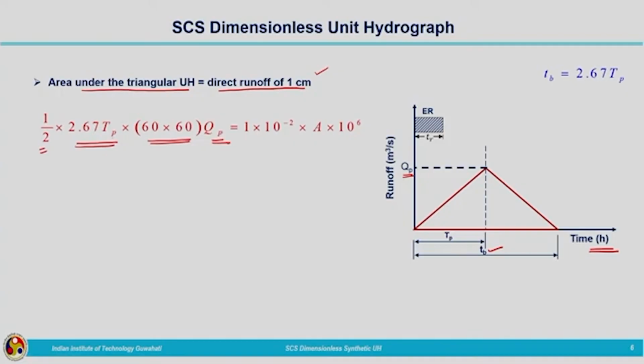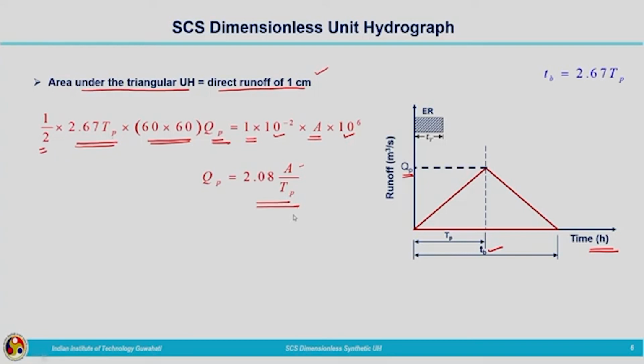And coming to the right hand side, it is due to 1 centimeter of rainfall uniformly occurring over a catchment area of capital A kilometer square. So, 1 centimeter is converted to meter and capital A kilometer square is converted to meter square. And this can be simplified to QP is equal to 2.08 A divided by TP.